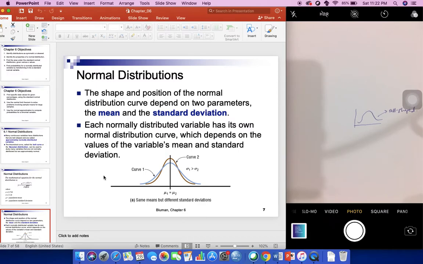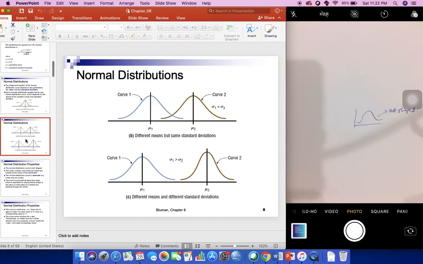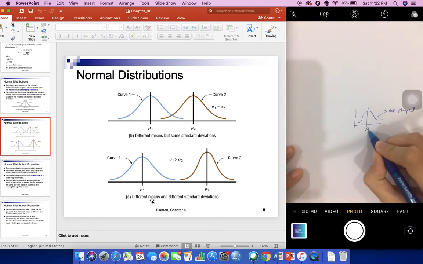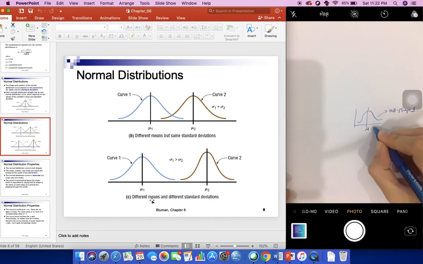You can see the difference between figure A, figure B and figure C. For normal distributions, the middle one is usually the mean, or average, and the curve refers to the standard deviation.